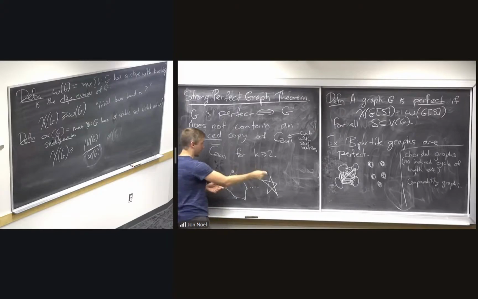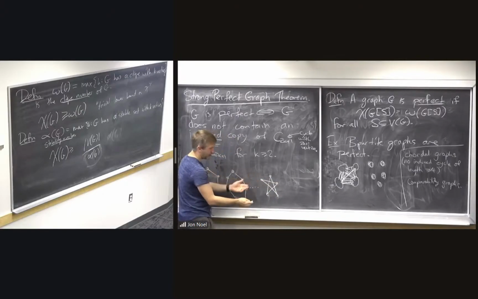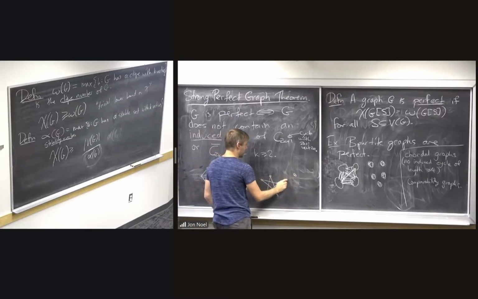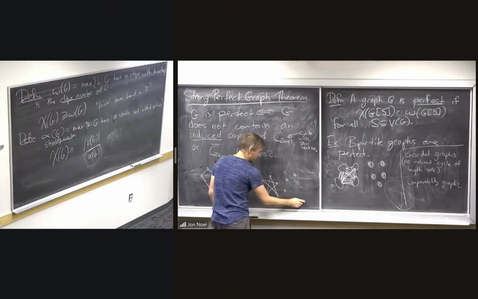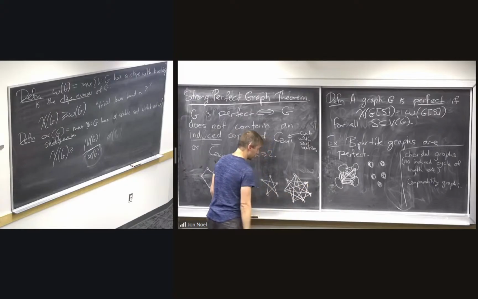Then you also can't have complements of odd cycles. This one's just a 5 cycle anyway, but the complement of a 7 cycle is something different. So you're not allowed to have these, and so on.